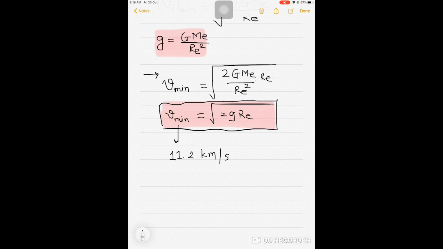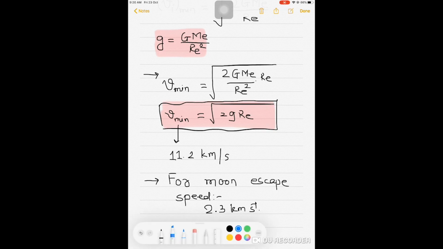It is also interesting that this speed is called the escape speed and sometimes the escape velocity. If we compare it with the moon, the escape speed for moon is about 2.3 kilometer per second. So for moon this condition is different, and the escape speed is given by this value.